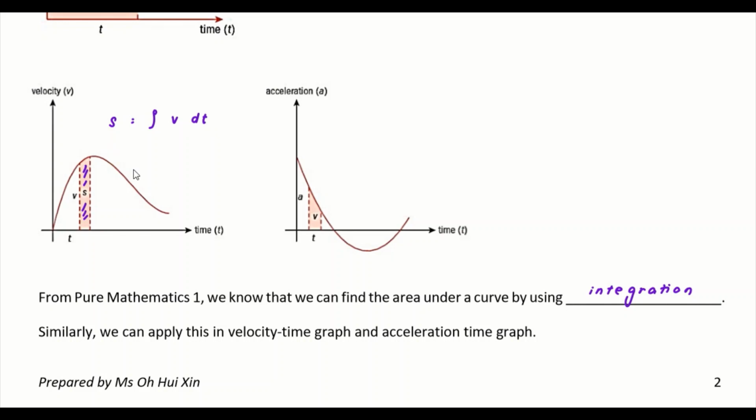So we are going to use this idea. Similar to acceleration, we don't have much of an acceleration-time graph, but eventually this is the same idea as how and why we can use integration to help us find displacement and velocity out of acceleration and velocity.